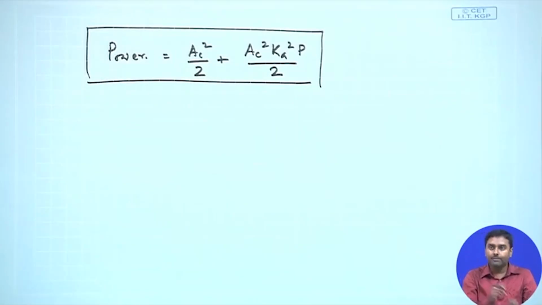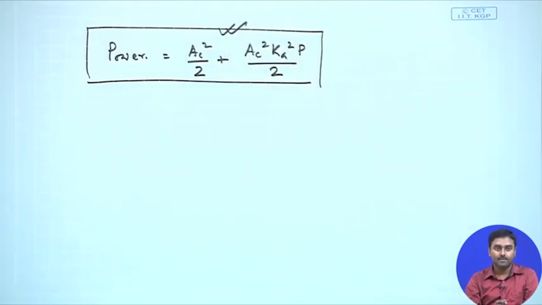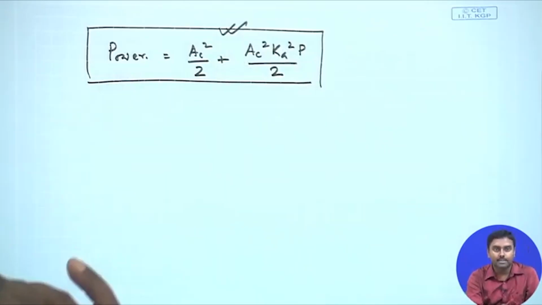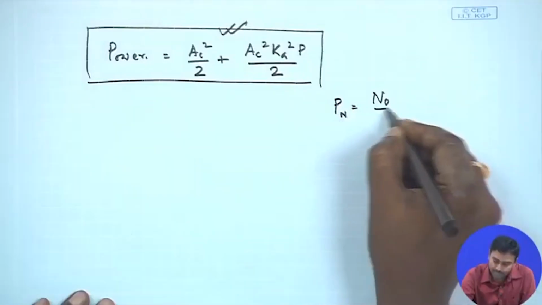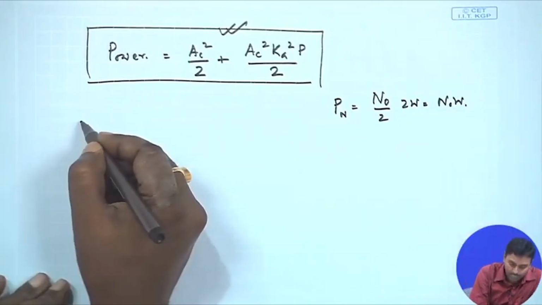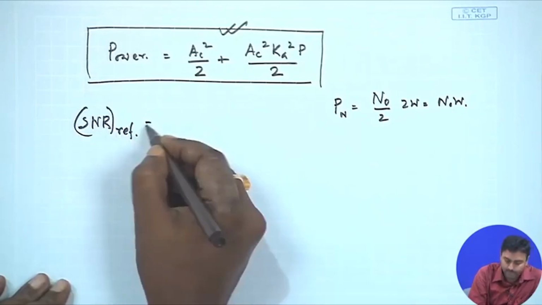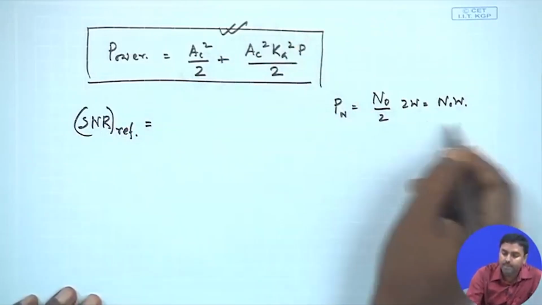So, what I have to do? I have to equate the power. Therefore, this is the power I will also be putting in the baseband. So, baseband power is this. What is the baseband noise? That is equivalent to the previous case, because it is just N0 by 2 from minus W to plus W. So, overall noise power is N0 by 2 into 2W, which is N0 into W. So, therefore, our reference SNR must be this divided by this.